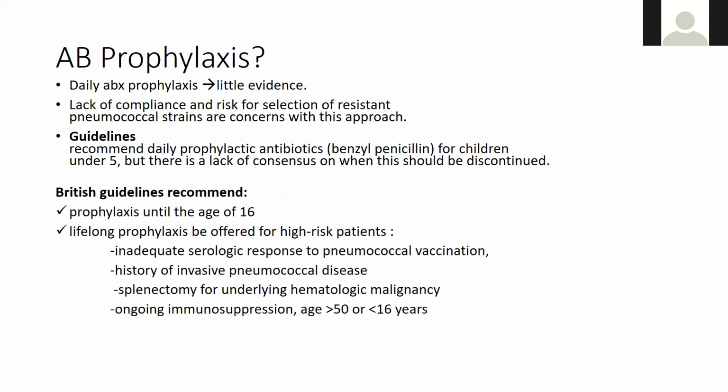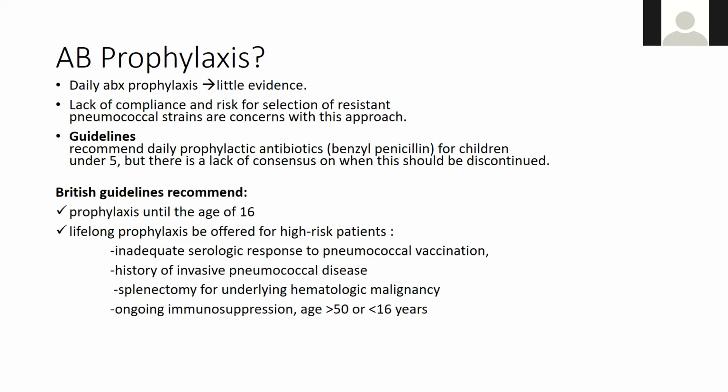But worldwide, there's a lack of consensus as to how long this treatment should be continued or when it should be stopped. This British guideline recommended that in Britain and the European countries, they recommend prophylaxis after the age of 16 and for high-risk patients.